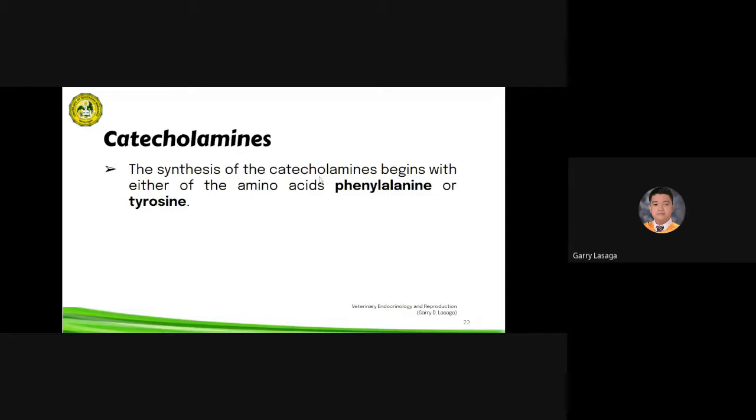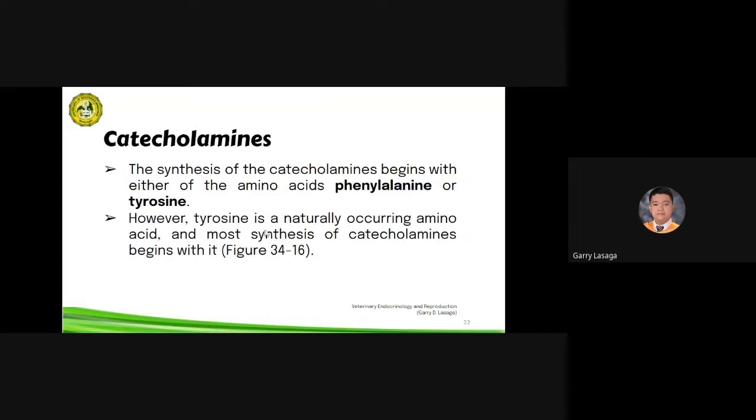So the synthesis of the catecholamines begins with either phenylalanine or tyrosine. So phenylalanine and tyrosine are amino acids. However, tyrosine is a naturally occurring amino acid, and most synthesis of catecholamines begins with tyrosine. So tyrosine is a non-essential amino acid, while phenylalanine is an essential amino acid.